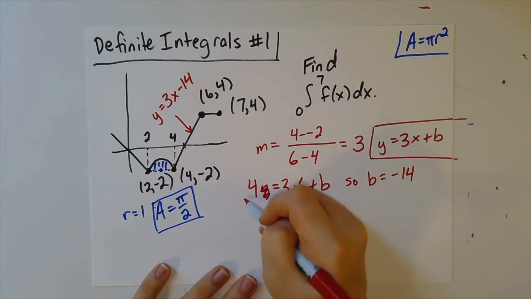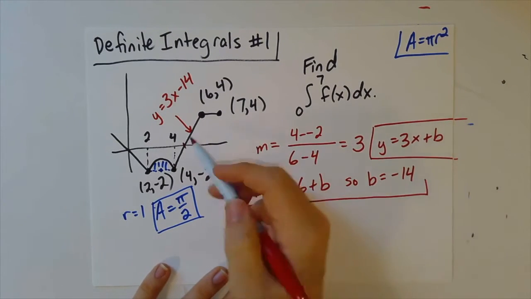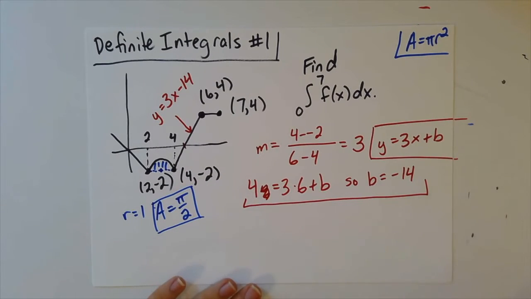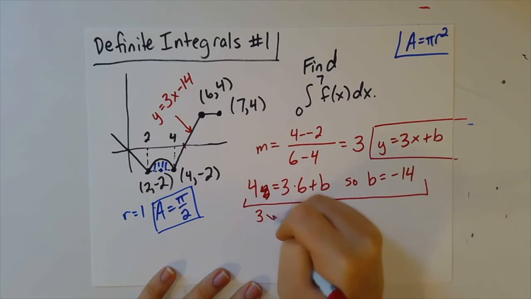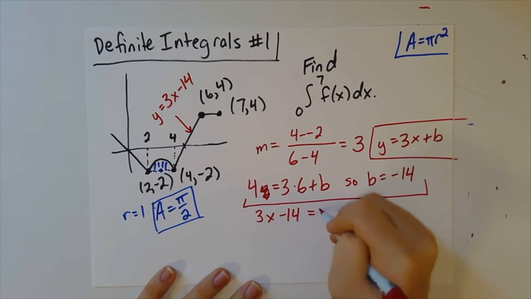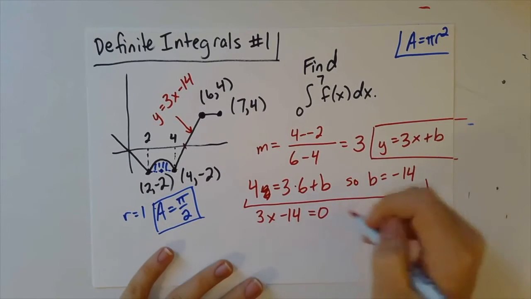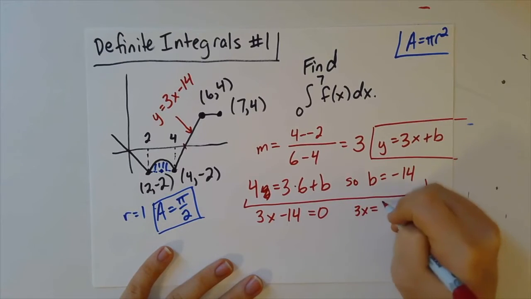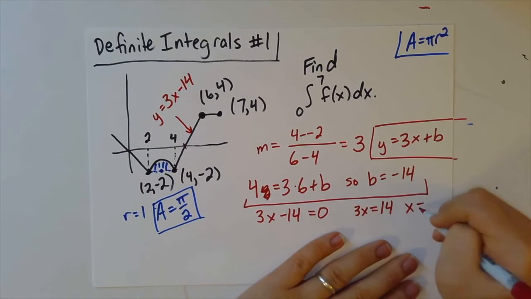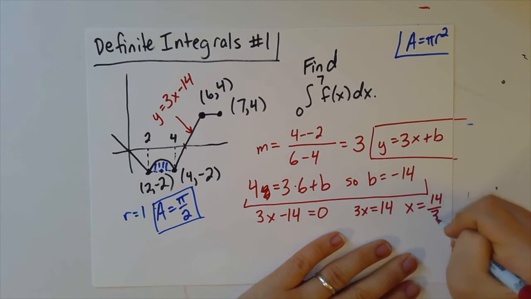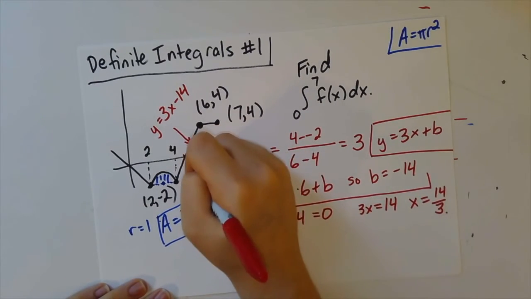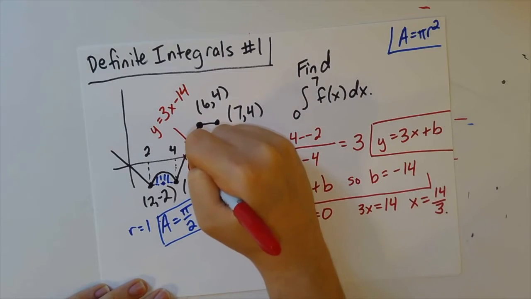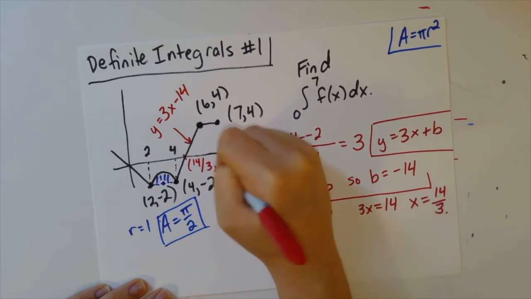Which means that I can also find the coordinates of this intercept here by setting this equation equal to 0. So namely, take 3x minus 14, set it equal to 0, and that'll give us 3x is 14, which will give us that x here is 14 over 3. So this point here that we could not read off the graph, it's actually the point (14/3, 0).